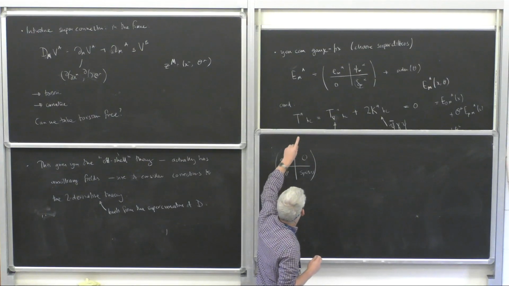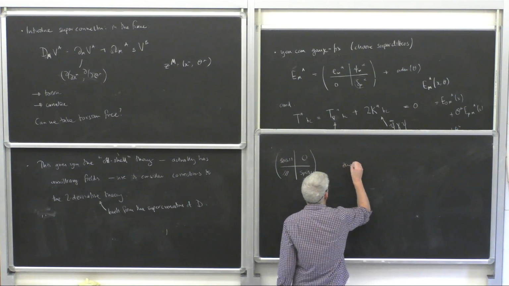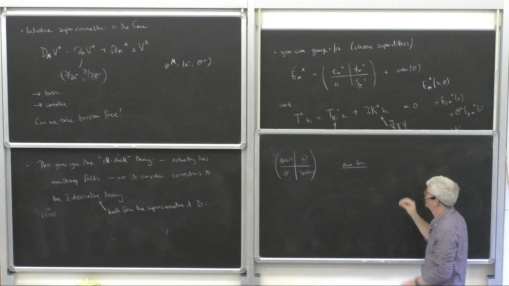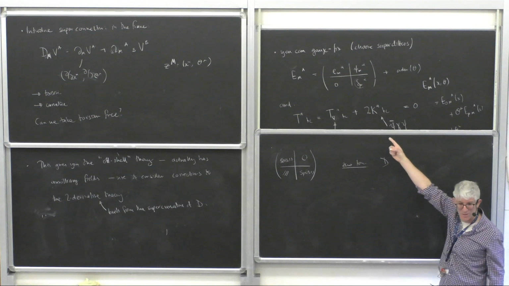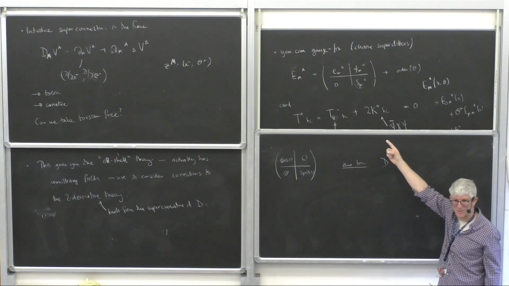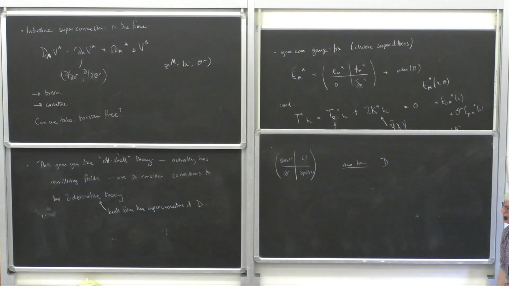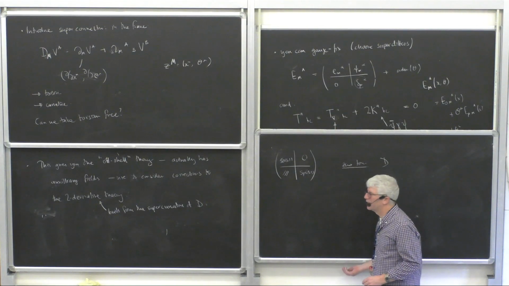And actually, you can think then as having zero torsion. So you can actually do that group and introduce a connection with zero torsion, and that will give you the same theory once you suitably gauge fix. So that's the best I know that's an honestly zero torsion theory. Any other questions?